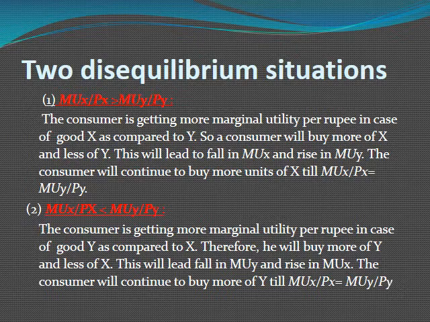That is, the ratio of marginal utility of X and P of X will be equal to ratio of marginal utility of Y and P of Y.